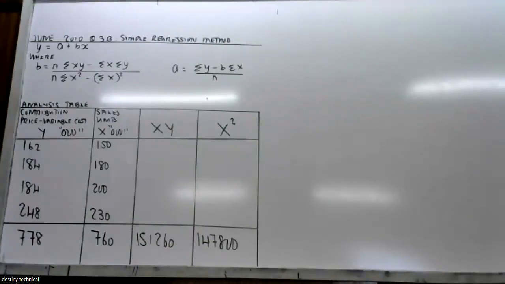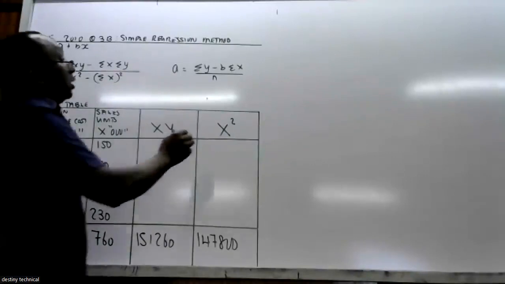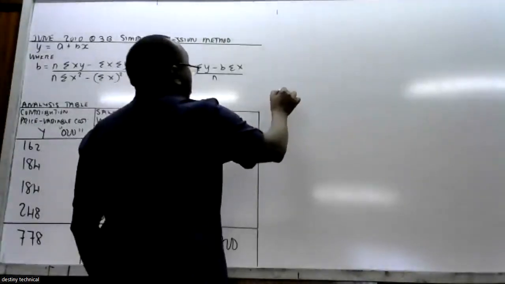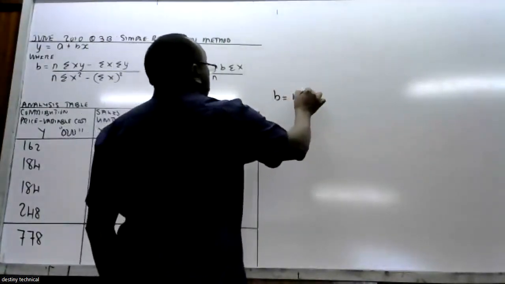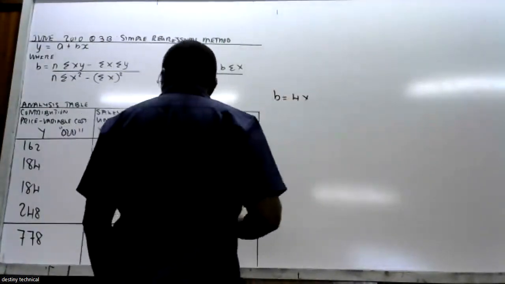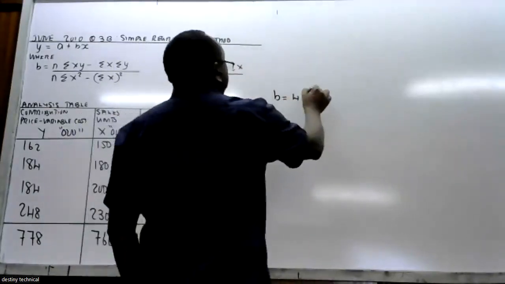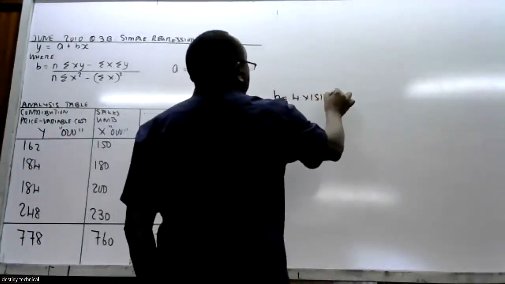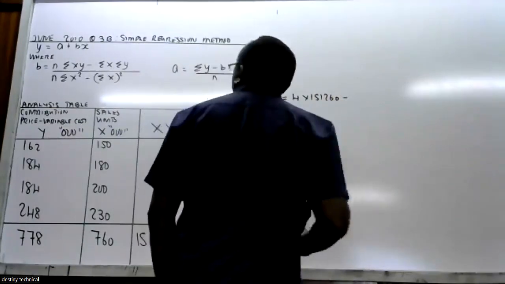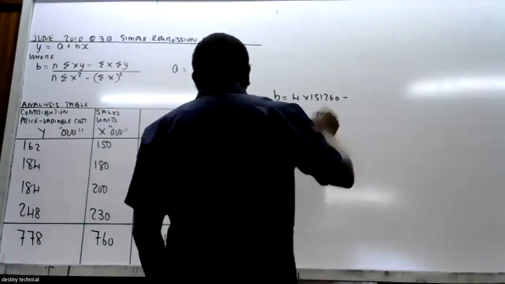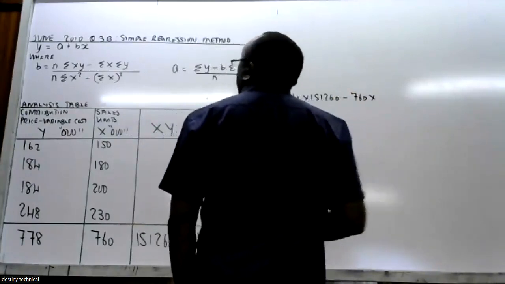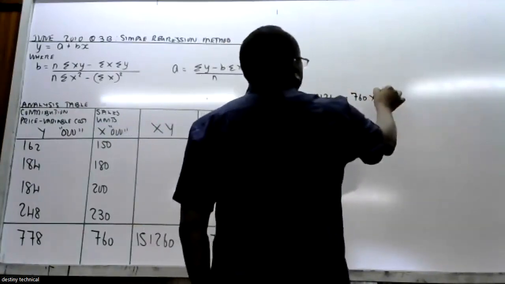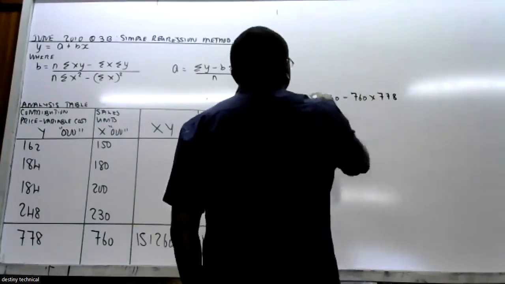So if they are okay, then we substitute. We proceed and say B is equal to N, N is 4. So 4 times sum of XY, 151,260, minus sum of X, which is 760, multiplied by sum of Y, 778.